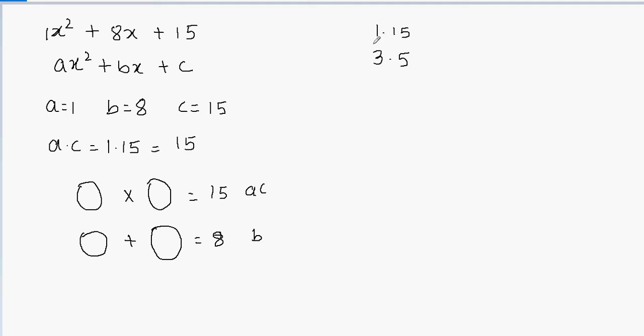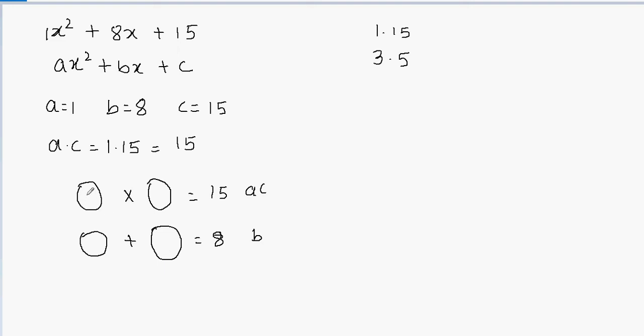Okay, so let's check 1 times 15. If I put 1 here and 15 here, 1 times 15 is 15. But now you have to be sure that the factors inside these two circles have to be the same. These two can be different, right? The factors could be different. But here, when you write the numbers inside the circle, these numbers have to be the same.